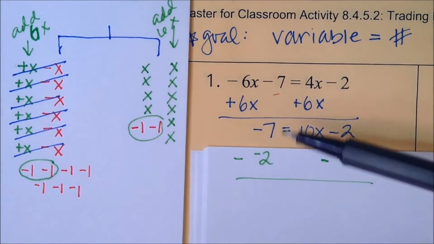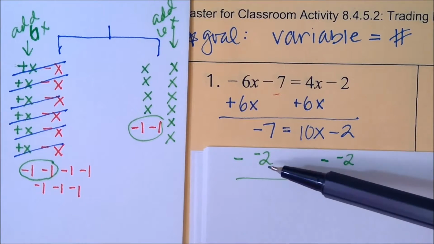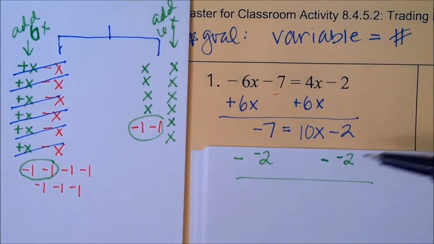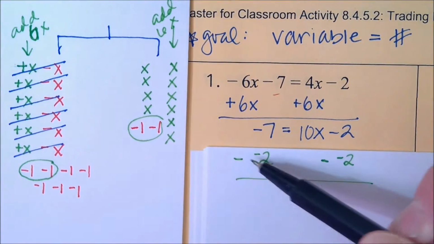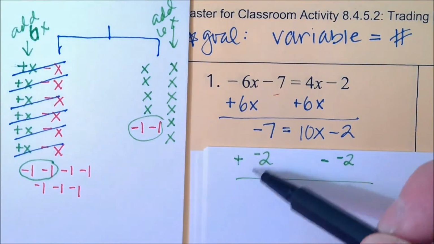I don't necessarily trust myself to get the right answer to 7 minus negative 2, or negative 2 minus negative 2. We have a couple options. Subtracting a negative is like adding the opposite.